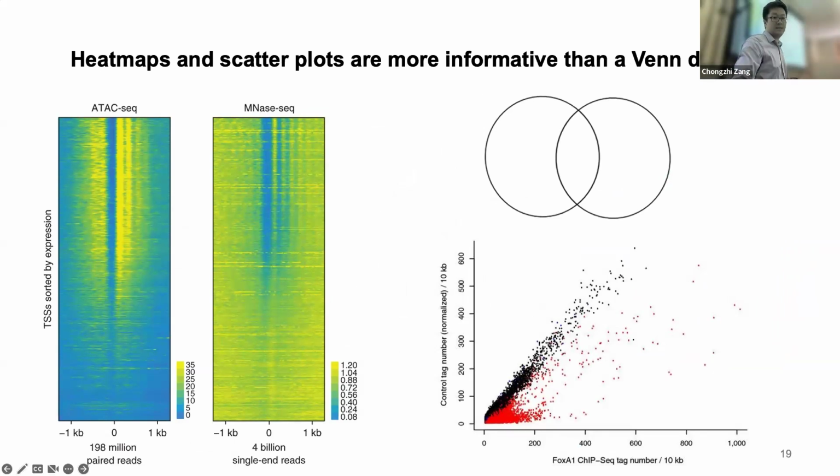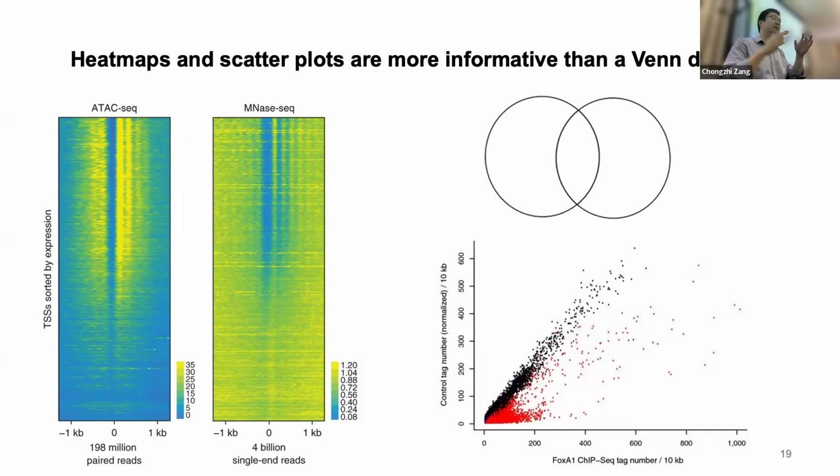The easiest way to understand is presenting the data using a Venn diagram, but in many cases a heat map for a direct back-to-back comparison, or a scatter plot where we compare the original data points, may contain more information than the simple Venn diagram.